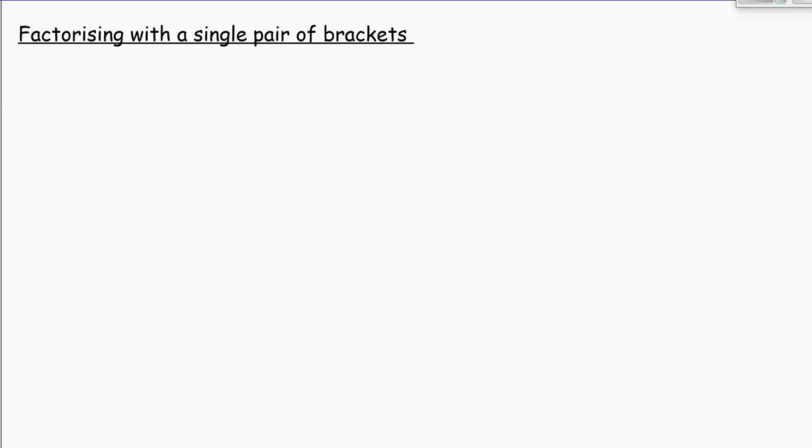Factorizing is the process of finding the factors and putting the brackets back in. It's actually the opposite of expanding.